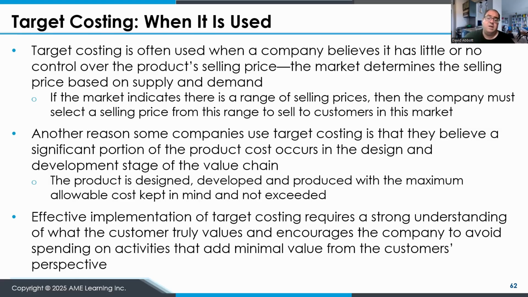So the product is designed, developed, and to be produced with the maximum allowable cost in mind and not exceeded. And this happens quite often. Different products will be designed down to the cost. So they already know how much they want to charge for it at the beginning, and they're working to figure out, okay, how do we do that?